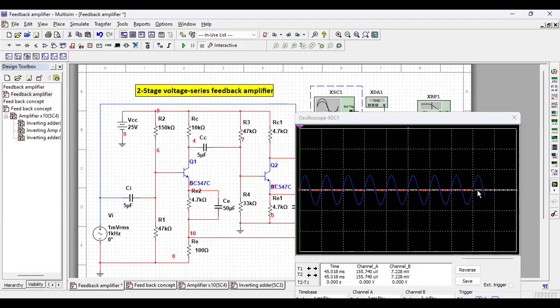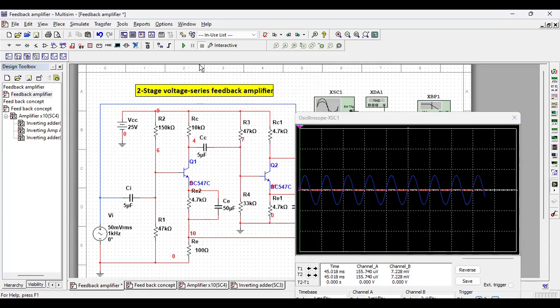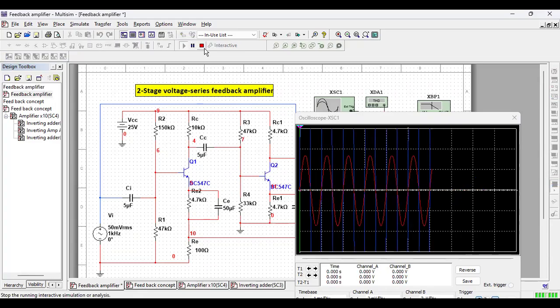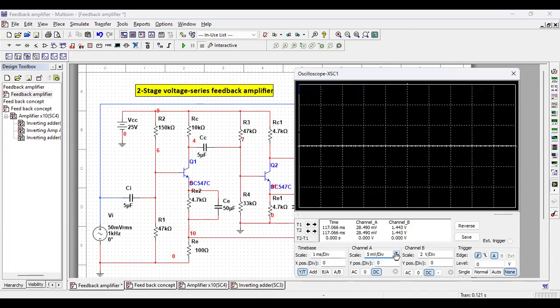Output is the red line, which is very, very small. We shall increase the input. Now, output becomes higher. Input also becomes higher. This is the output and input.